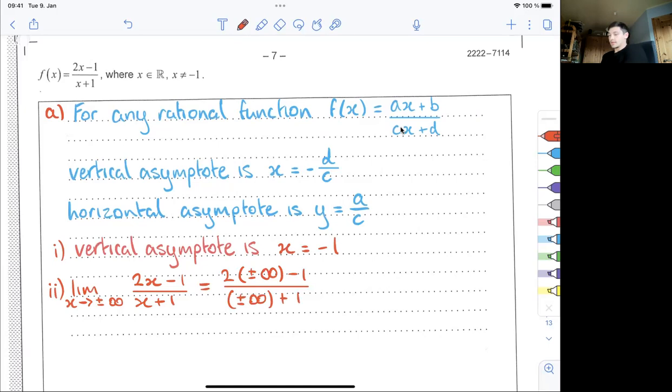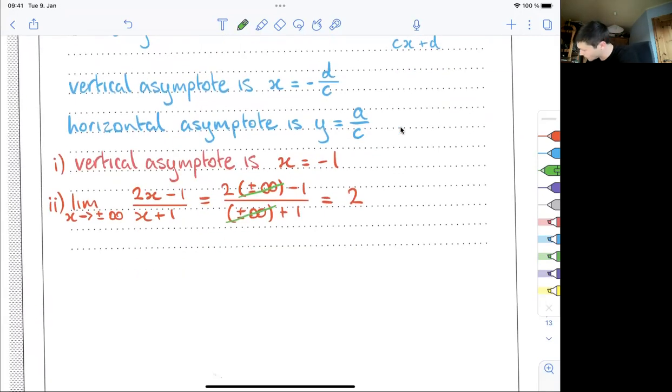Now, the minus 1 on the top and the plus 1 on the bottom, considering we're working with infinity here, will do very little to the value of this limit. So specifically all we're going to be looking at is the coefficients of x, or the coefficients of positive and negative infinity. And so what we're going to say is that this is equal to 2, because effectively this cancels out with this, and the negative 1 plus 1 basically make no effect.